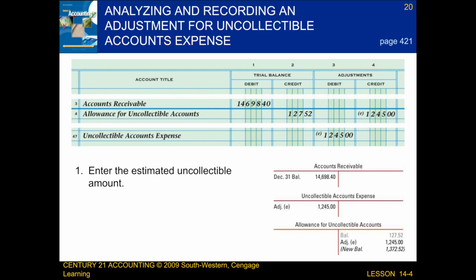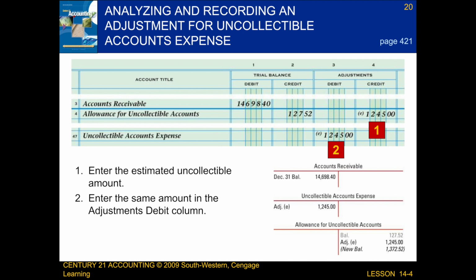First, we enter the estimated uncollectible amount in the adjustments credit column. Next, we enter the same amount in the adjustments debit column. And finally, we label the two parts of this adjustment with a small letter E in parentheses.